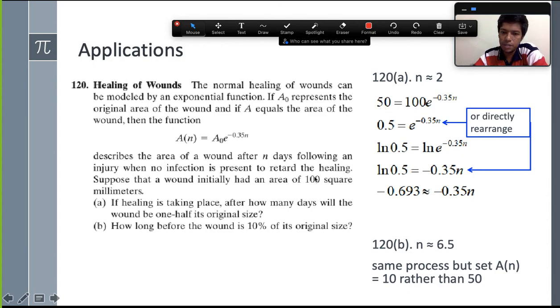Then 100 is here, e to the power this times n. You do the calculation. For part B, it is 10% of the original size. 10% of 100 is 10. That means here, instead of 50, in part B it will be 10. Then do the calculation, same way, same process.